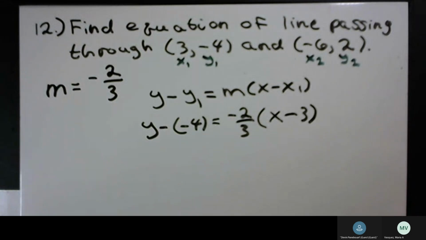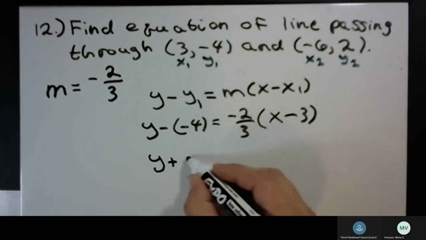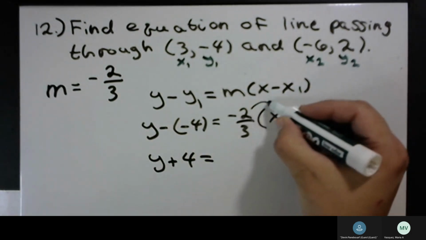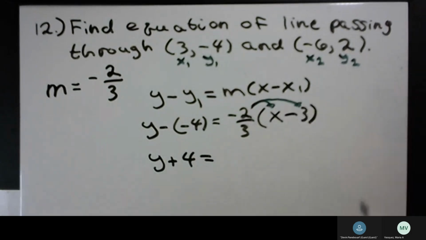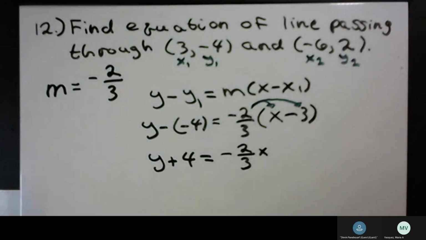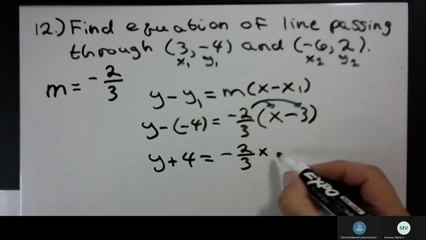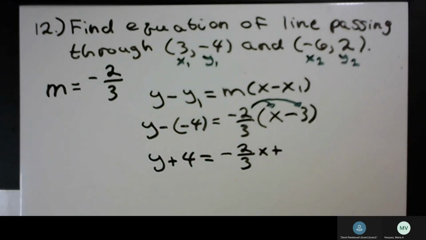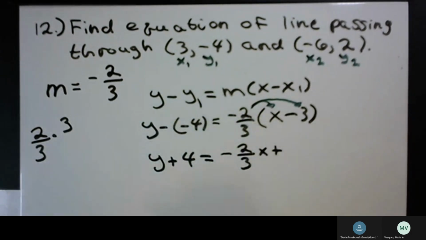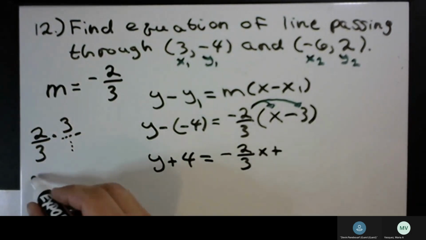So this is a double negative. y plus 4. If we distribute the -2/3, -2/3 x. Negative times negative is a positive. And then 2/3 times 3. Well, again, we'll put that invisible 1 there. We can multiply across.